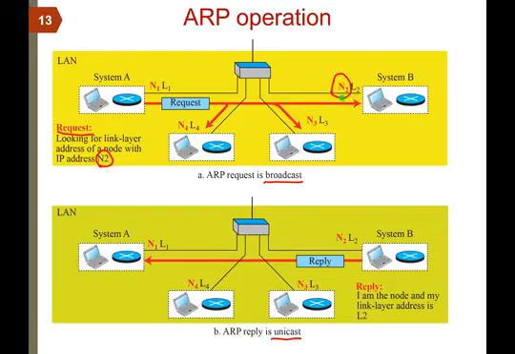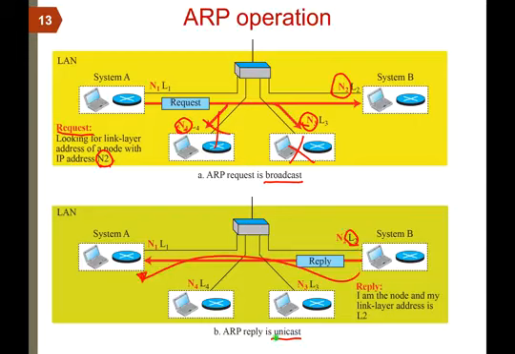They will all receive the broadcast request, all of them. But the request says who has got the N2 network layer address. This has got N4, so it will not reply. This has got N3, it will not reply. But this one has got the N2 network layer address, so it will reply to the request and send its L2 address to the source.